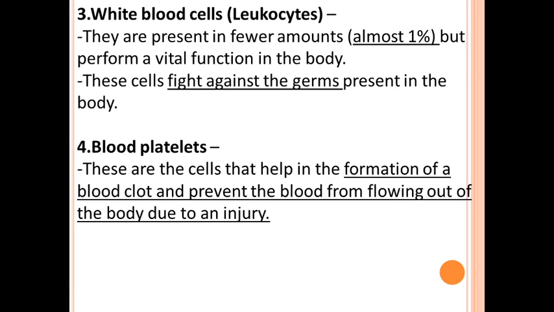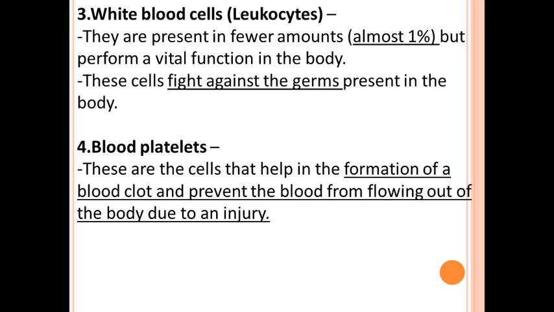Then WBC, also known as leukocytes, is almost 1% of the blood present in our body, and the main function of the WBC is to fight against foreign particles or germs. And blood platelets are important in blood clotting.